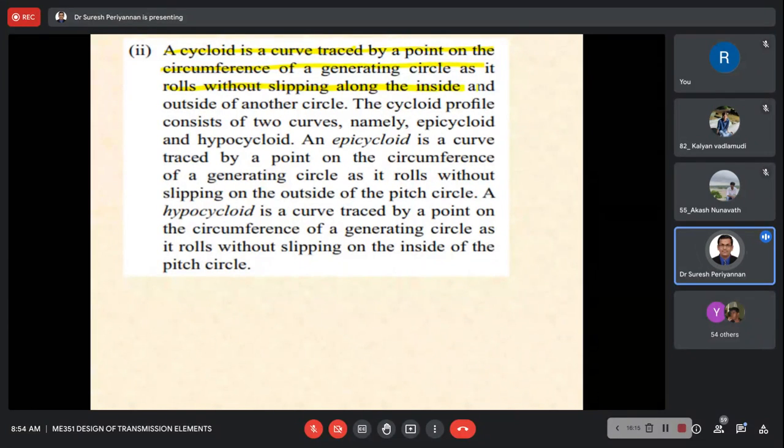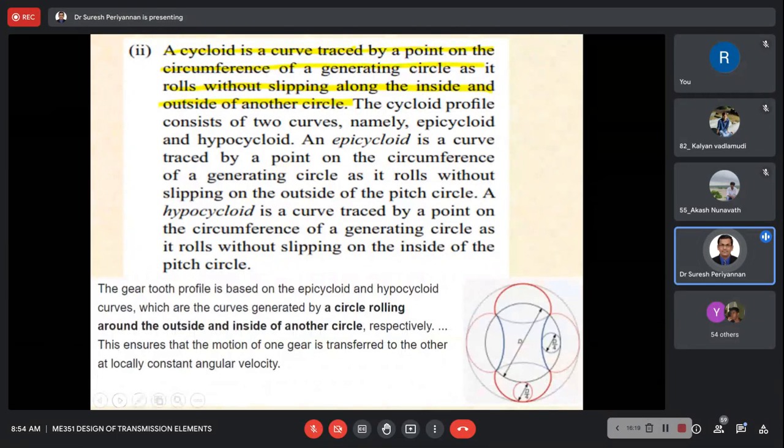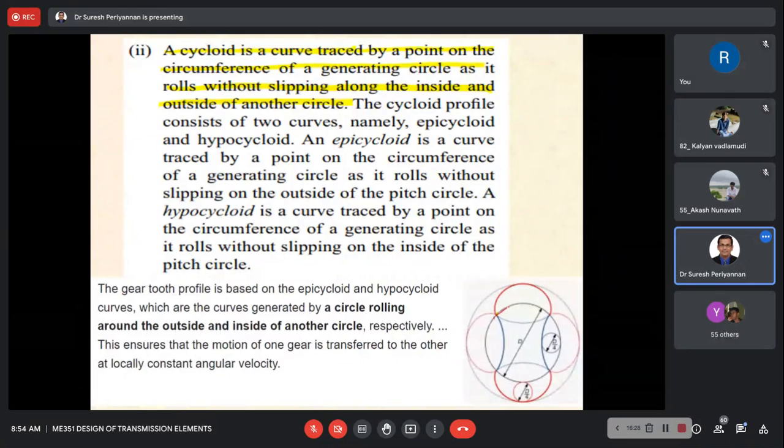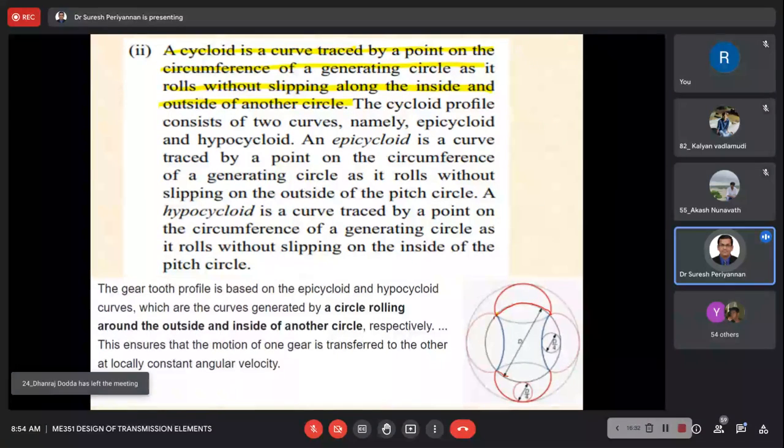I will tell you what is inside and outside of the circle. Now, see here. This is our base circle.